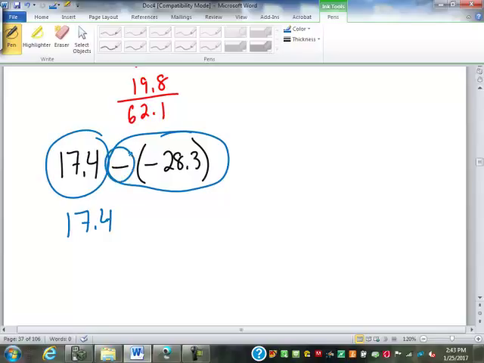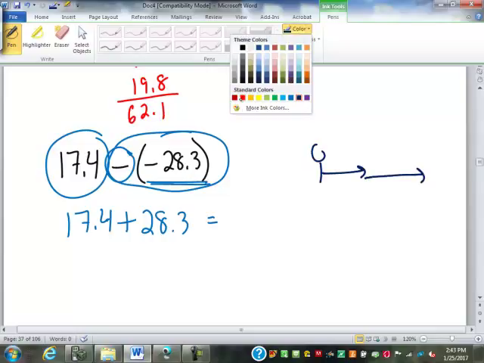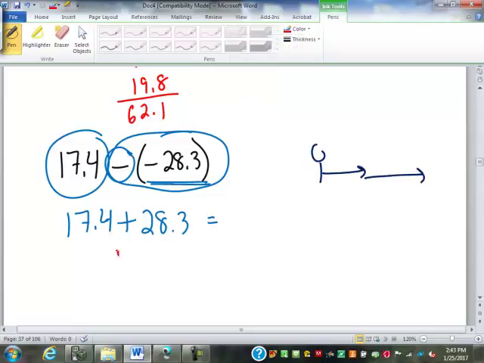It becomes add the opposite. Plus, what's the opposite of negative 28.3? Positive. There you go. Positive 28.3. So in our picture, here's 0. 17.4, 28.3 goes the same direction. So this is going to be a positive. They're the same direction, so we add them together. 45.7.